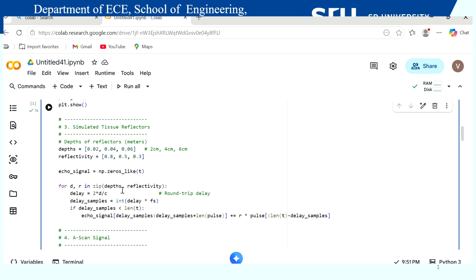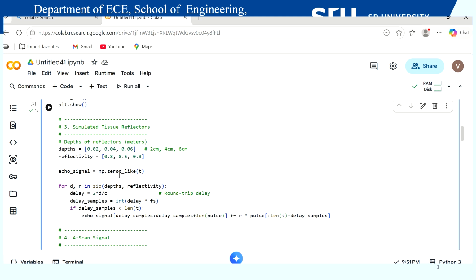Echo signal formation. So echo_signal is equal to np.zeros_like(t), and it creates an empty signal, initially no echo, and then we loop through each echo reflector. So for t, r in z (depth, reflectivity).